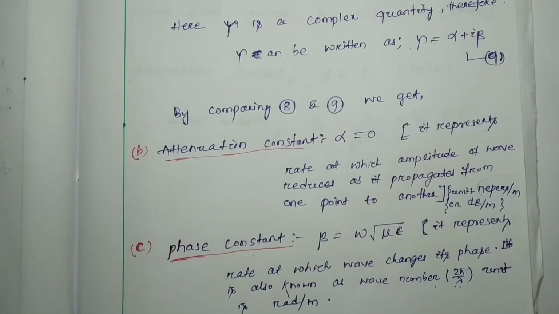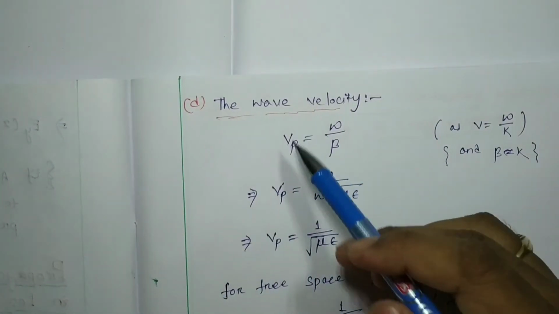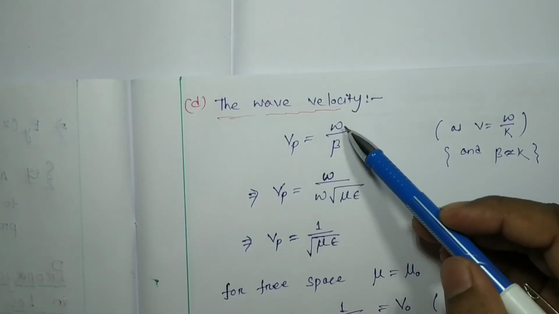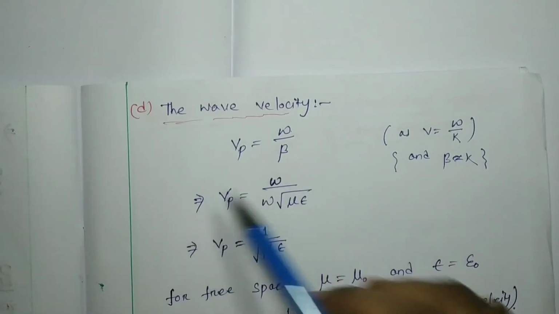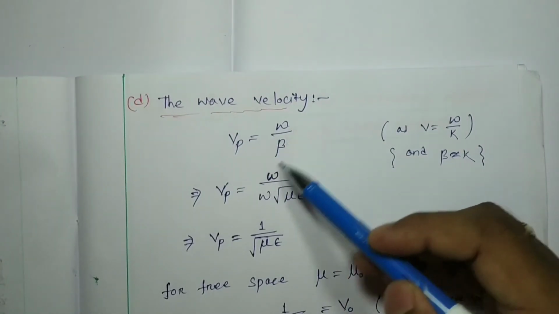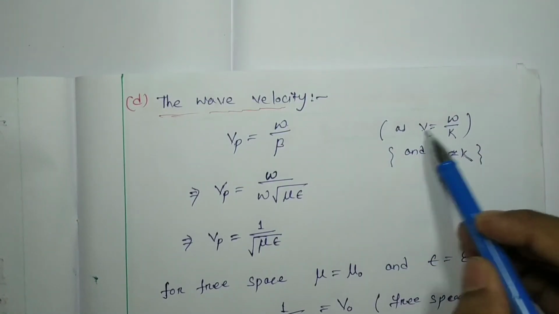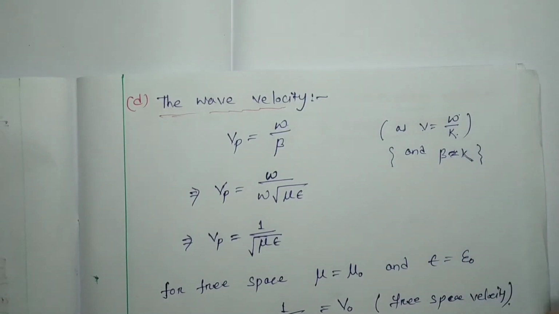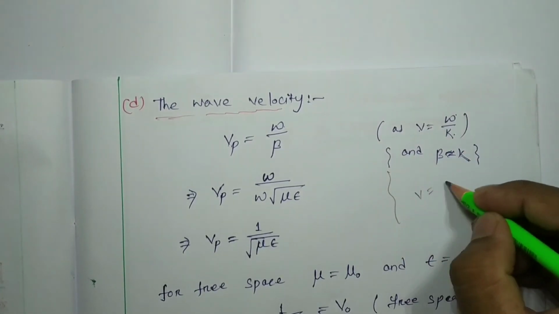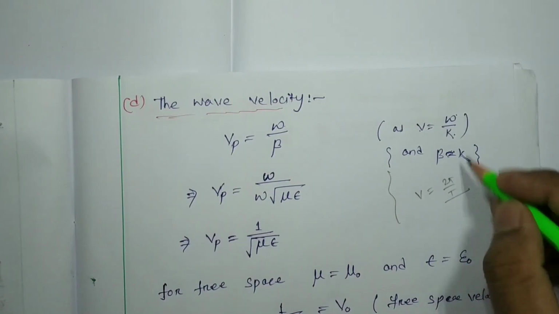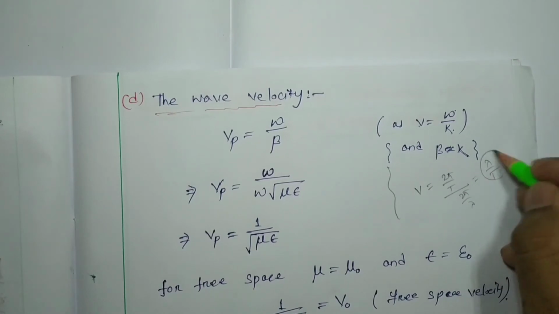Now the wave velocity Vp will be equal to omega by beta, and beta is nothing but k, and we know that V equals omega by k, because omega is 2 pi by T and k is 2 pi by lambda, which gives lambda by T, that is velocity.